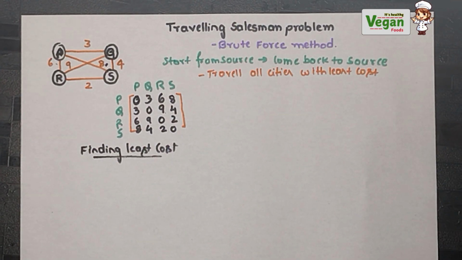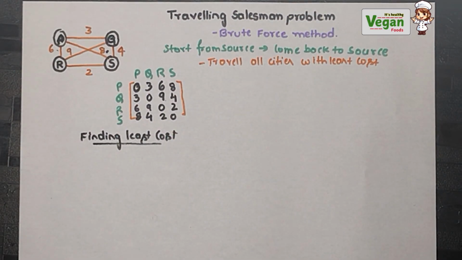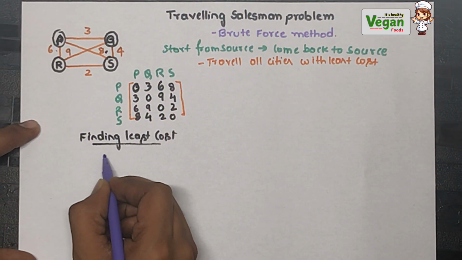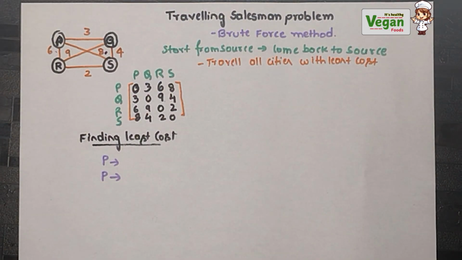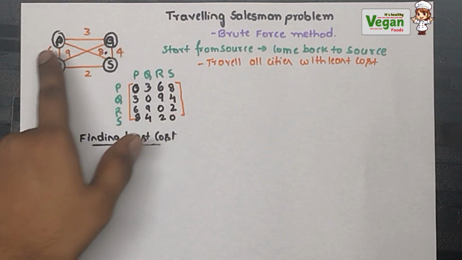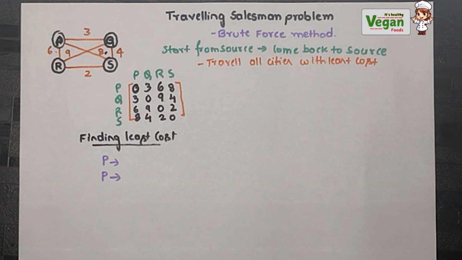So how to write all the possibilities? First, what is the source node we took? The source node we took is P, so P will be the constant. Write P at the start and end. Now, what are the 3 other nodes left? Q, R and S. Take one at a time.